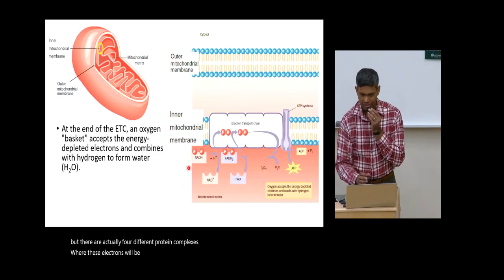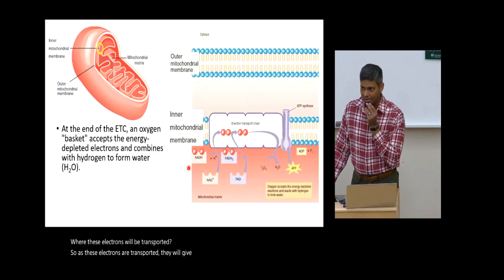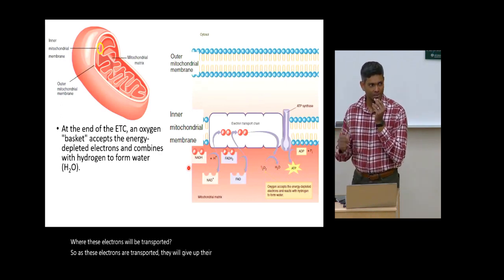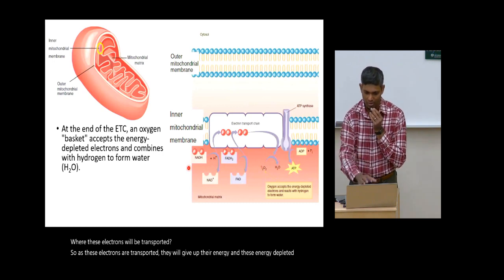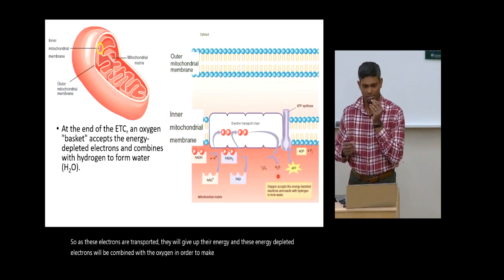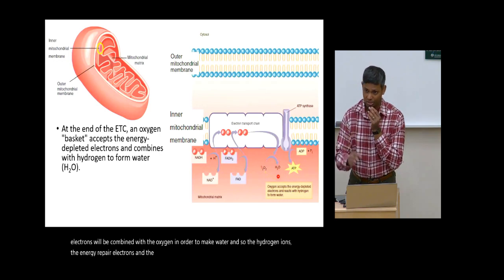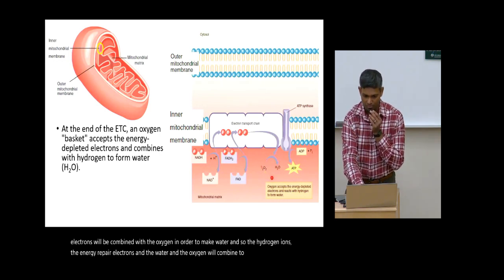So as these electrons are transported, they will give up their energy, and these energy depleted electrons will be combined with the oxygen in order to make water. And so the hydrogen ions, the energy depleted electrons, and the oxygen will combine to form water.